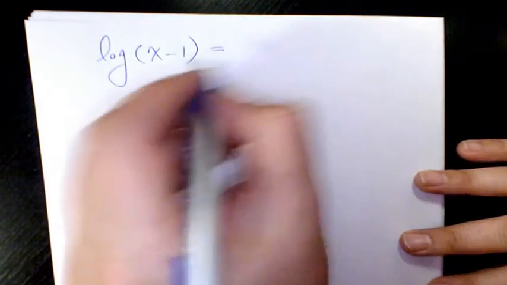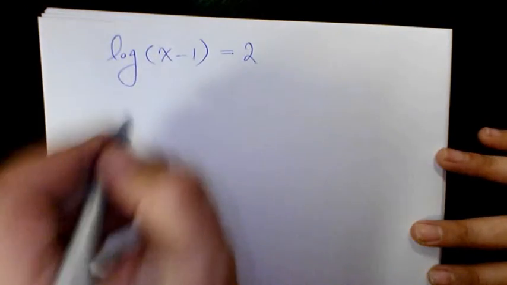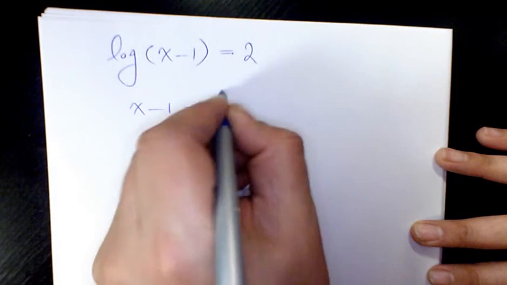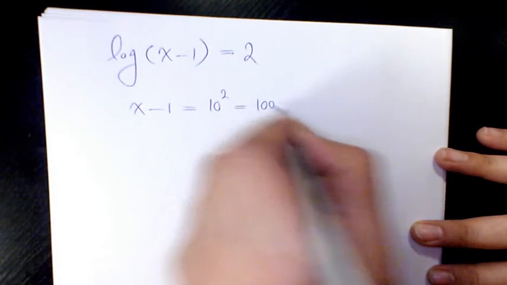Next example. Log of x subtract 1 equals 2. We can say that x subtract 1 equals 10 squared. 10 squared is 100.